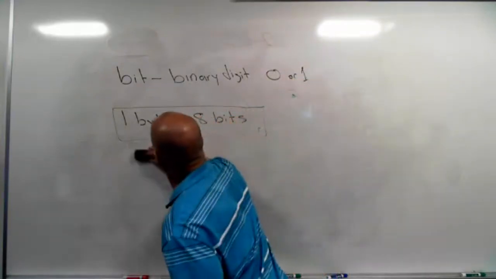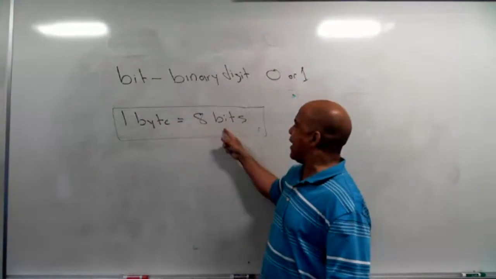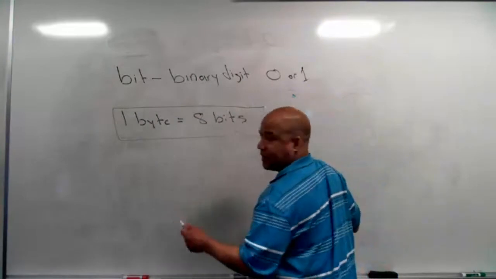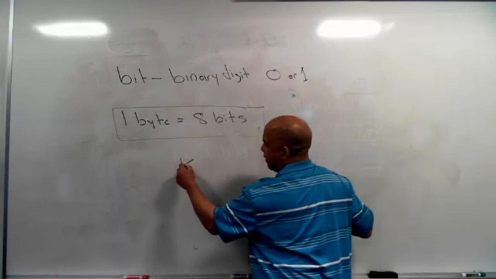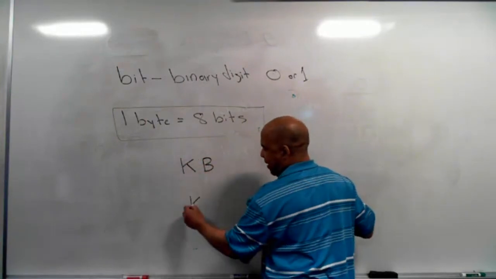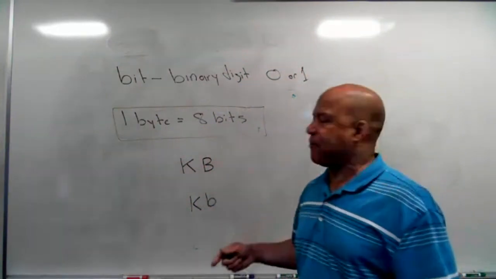Somebody asked a question about, all right, a byte is how many bits? So 1 byte is 8 bits. Well, it also comes up in digital systems: you've got KB like this, or it can be Kb like that. It gets a little confusing.